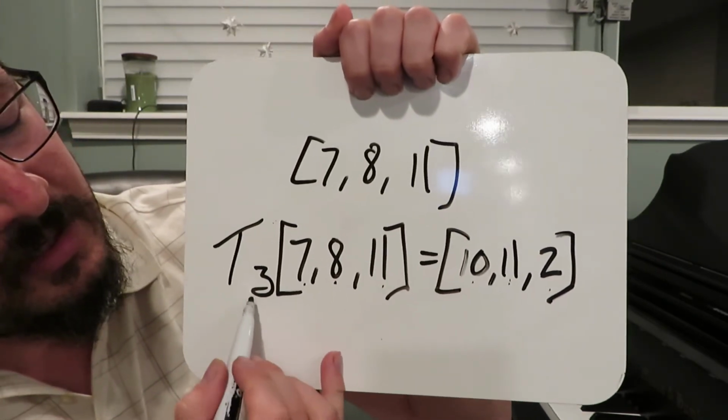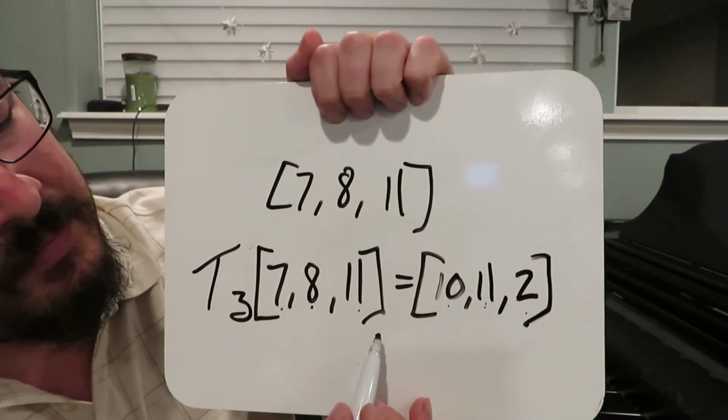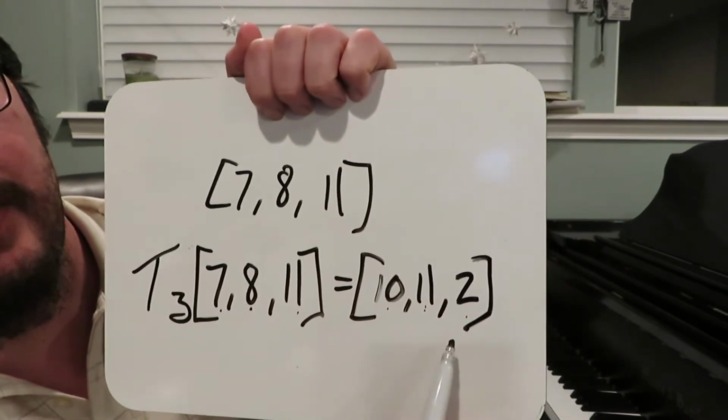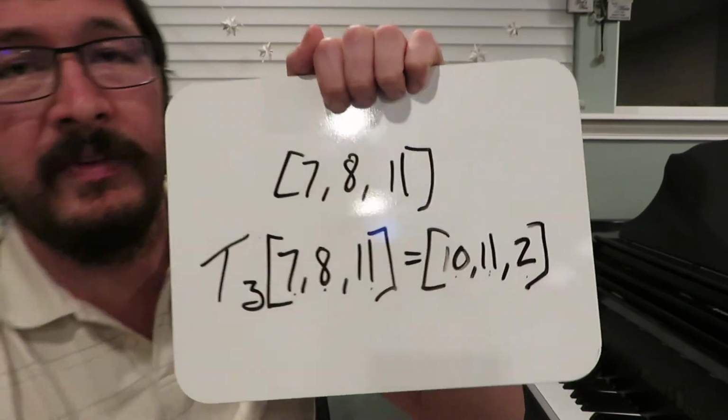T underscore 3 bracketed pitch class set is equal to bracketed pitch class set. Very, very important to write it like that. If you were to write it with parentheses or T exponent 3, not good. People are going to be confused. It means different things, and we'll see why later on. Okay? So that's essentially transposition.